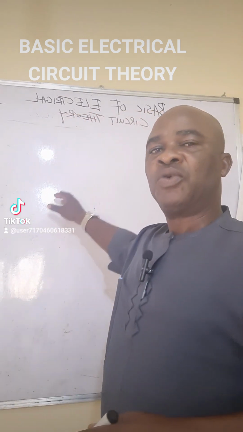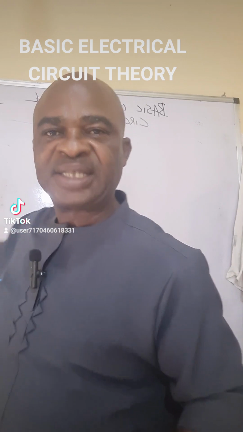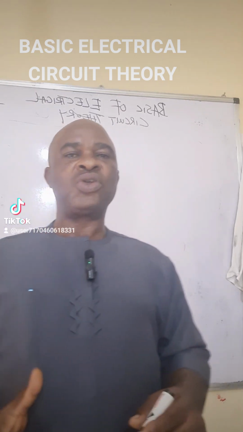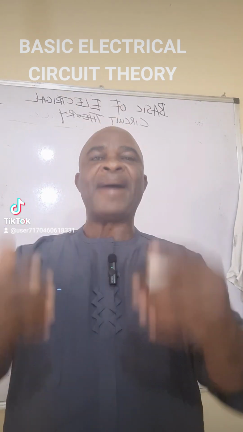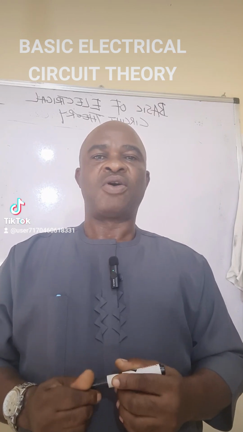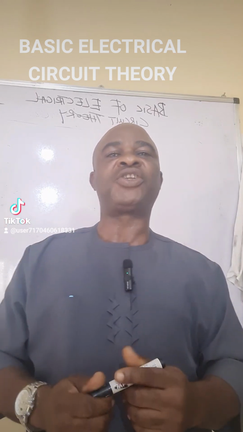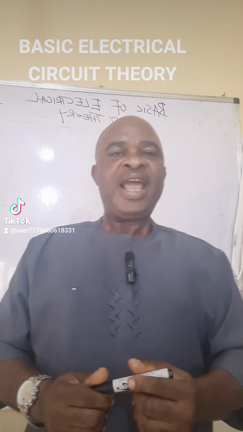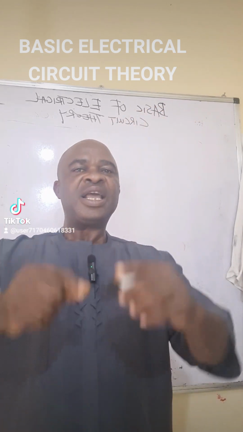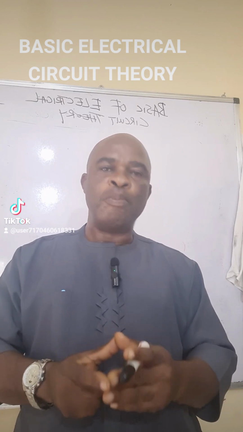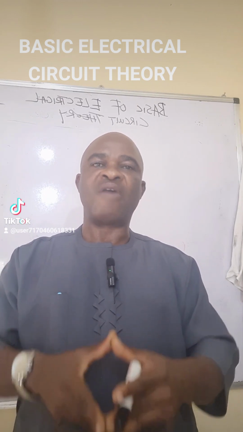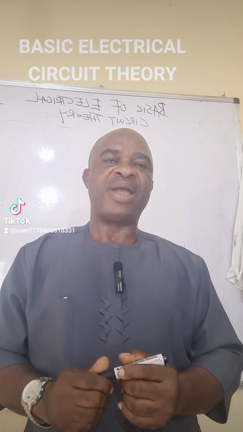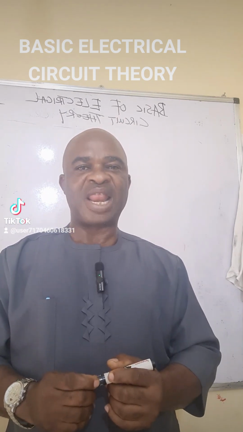We are going to first of all look at the circuit. What is a circuit? A circuit is a closed path of energized interconnections of electrical elements. A circuit is a closed loop or path of energized electrical elements. And what are these elements?